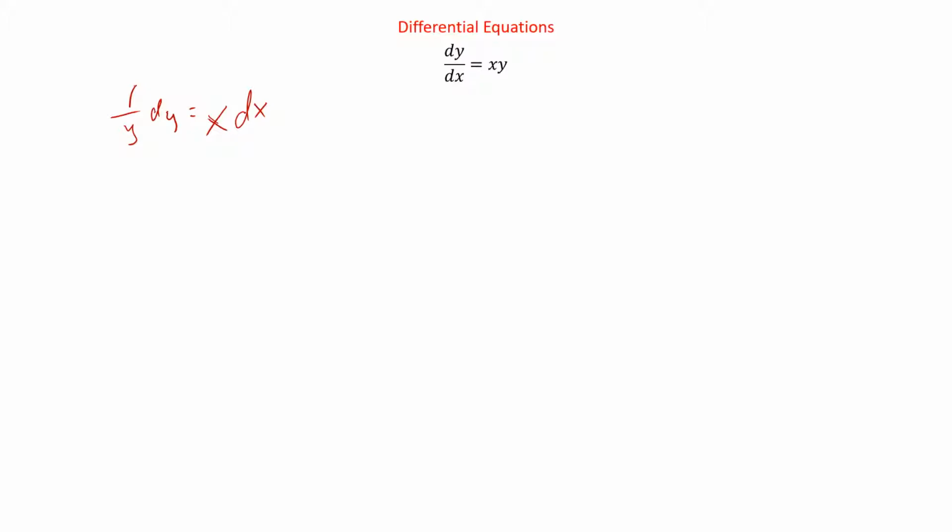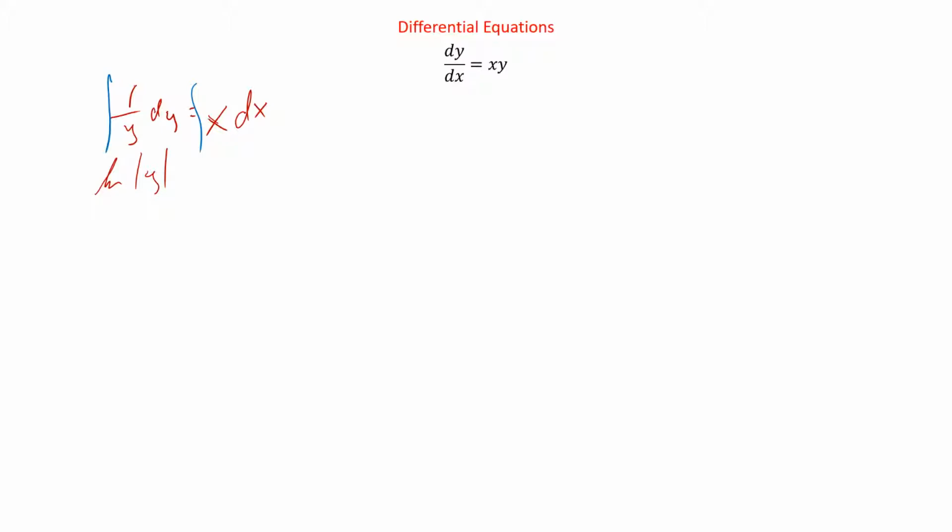And now we can take the antiderivative of both sides now that they're separated. So antiderivative of 1 over y dy, 1 over something is going to be natural log of something. So we're going to have natural log of y.